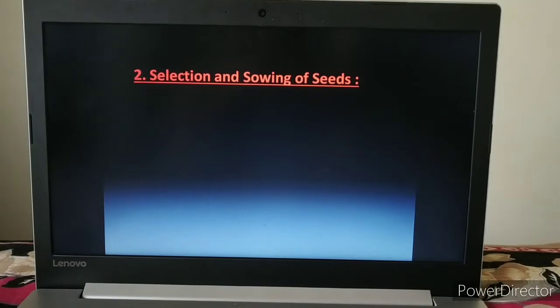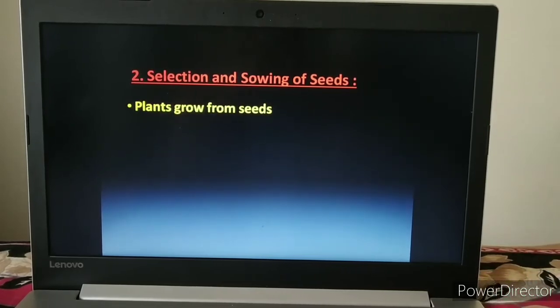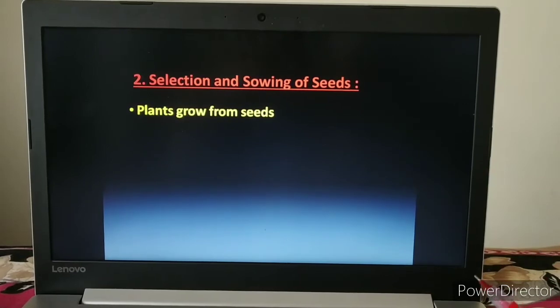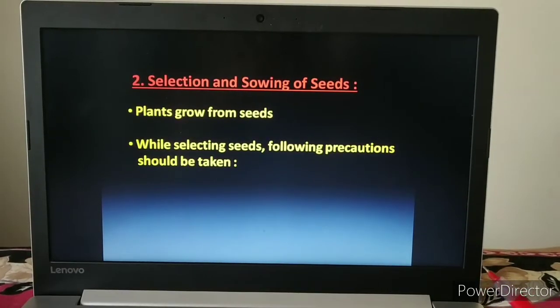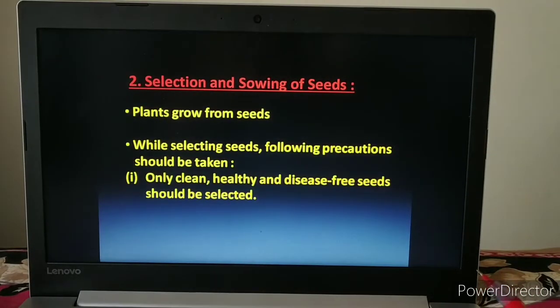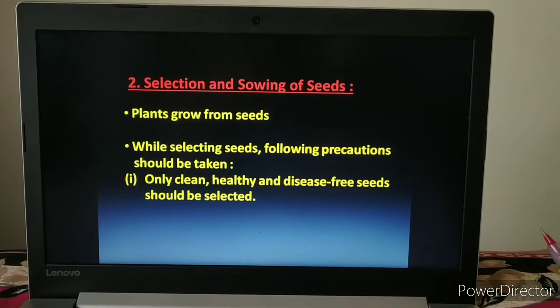Now the second step in agriculture practices is selection and sowing of seeds. First, we all know that plants grow from seeds. So when selecting seeds, we should keep one thing in mind, that the seed should be clean, healthy and disease free.